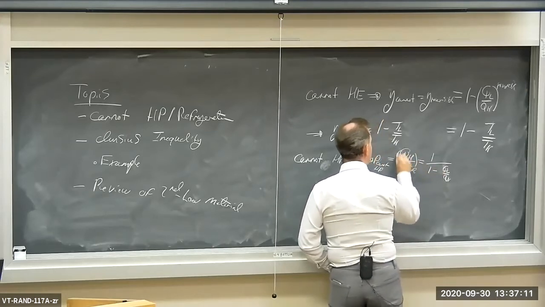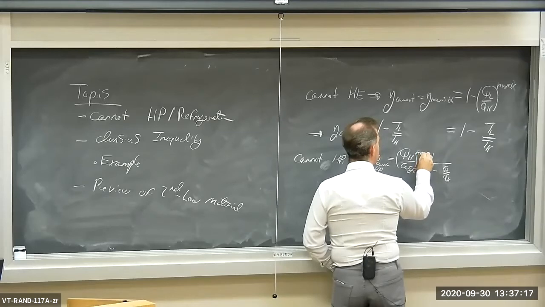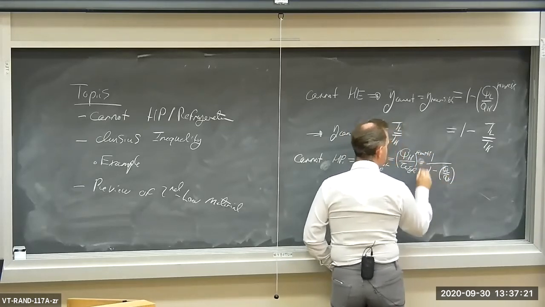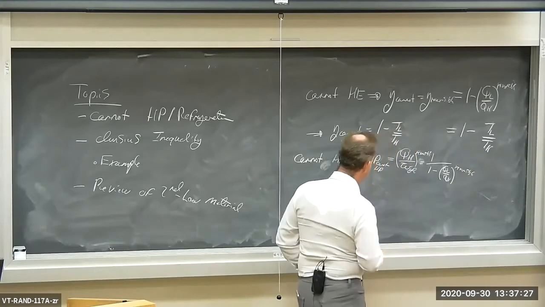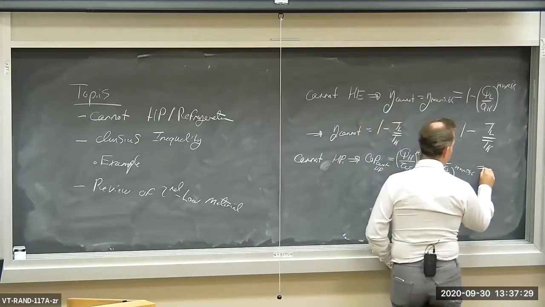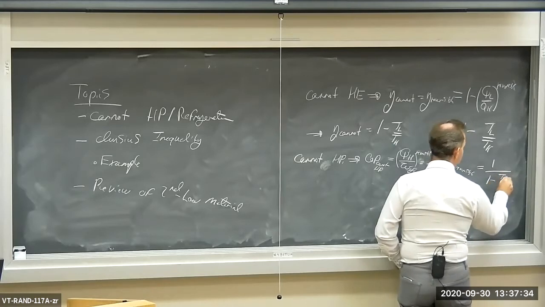Remember, the Carnot cycle is reversible. So this is reversible, and this is reversible. Okay? And that gives me 1 over 1 minus T low over TH.